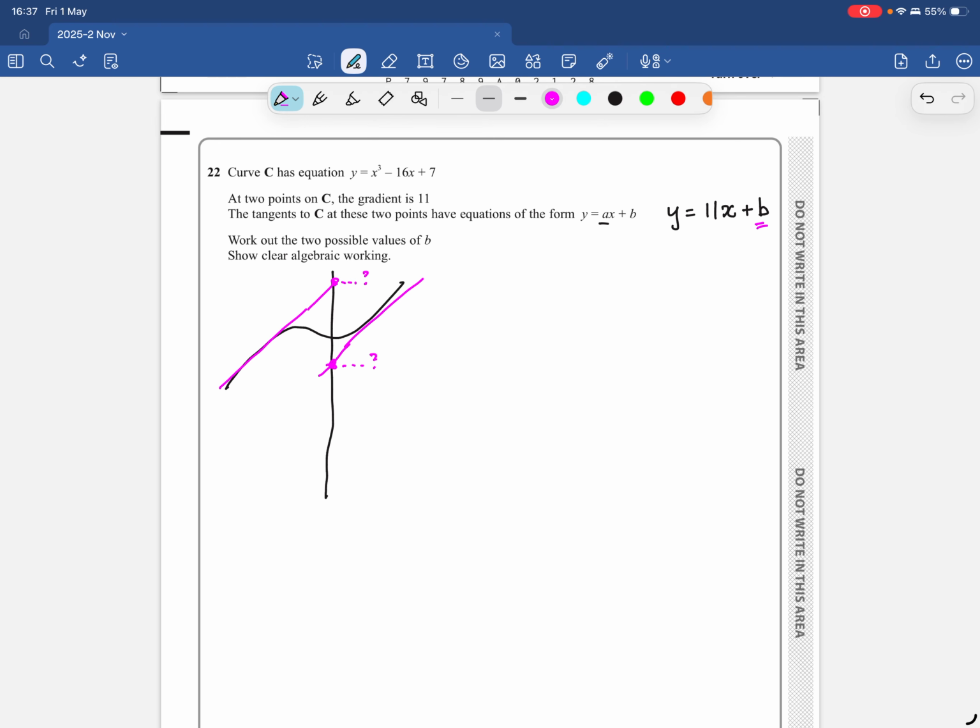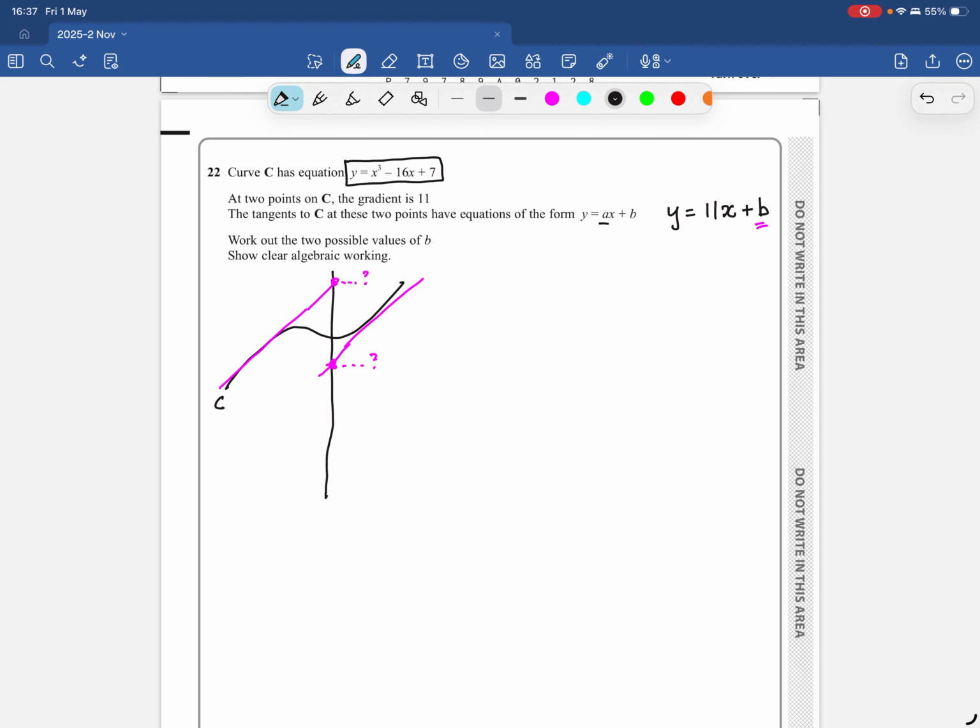Now, we can find out what the x's are, because we can differentiate this function, and then we get another function, and that function will tell us what the gradient of this curve C is for any given x.